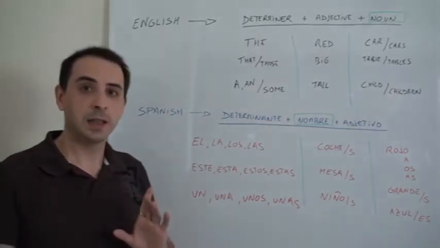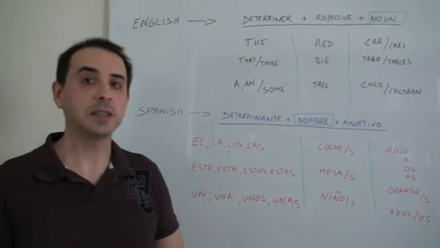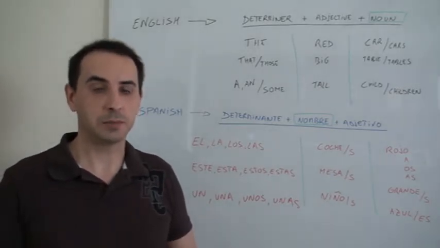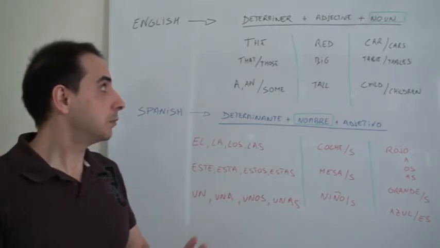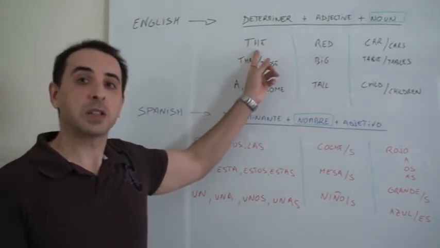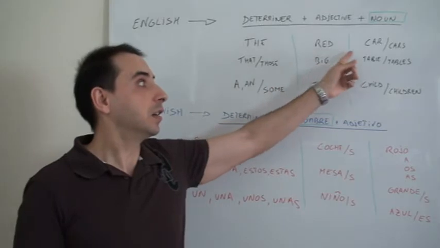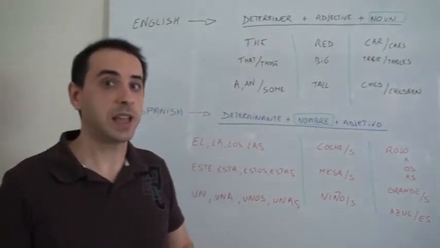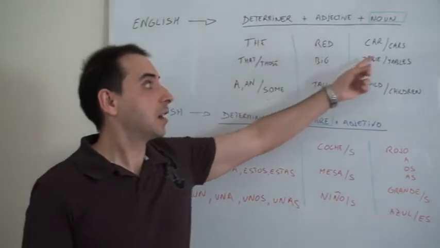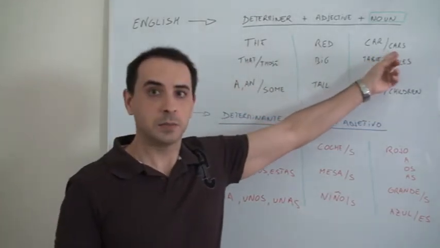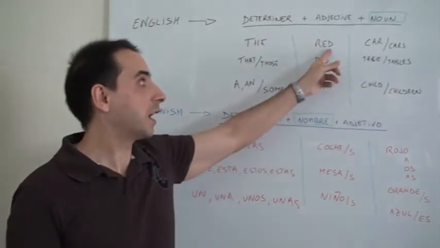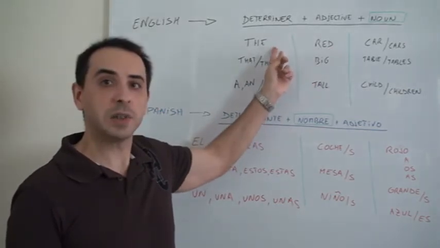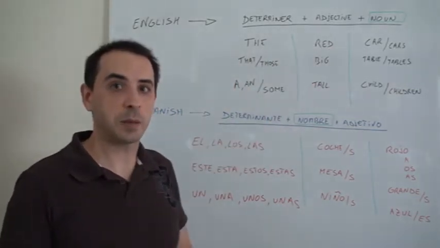The second thing is about matching things. In English you have something like the red car, but you also say the red cars. Nothing changed. The adjective and the determiner remain the same.